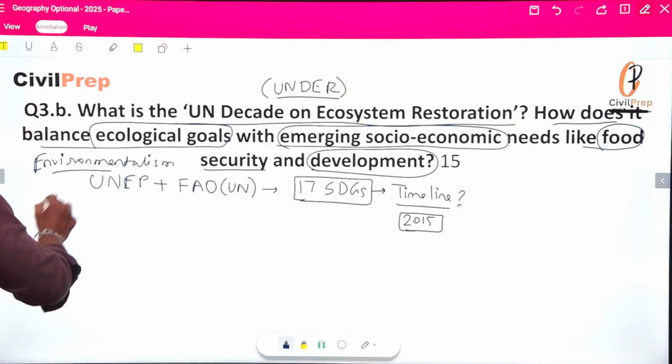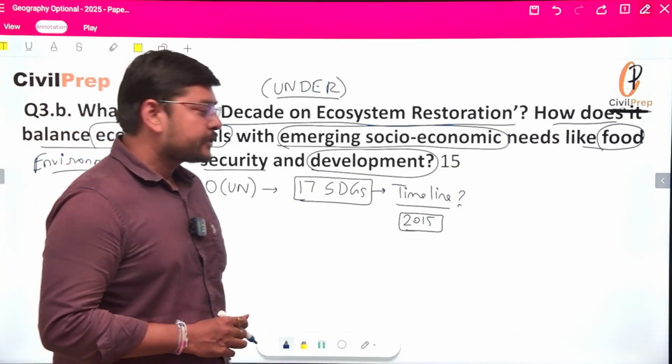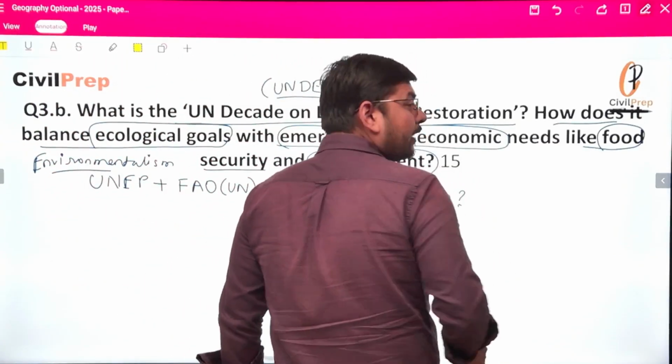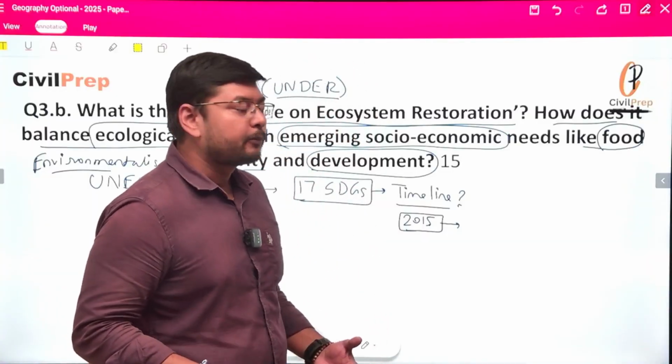It's a part of environmentalism where this came into the picture. The sustainable development goals came into the picture in 2015, but how can they be achieved and promoted?